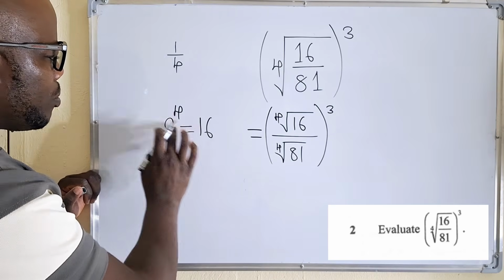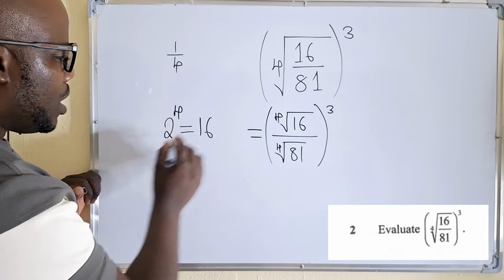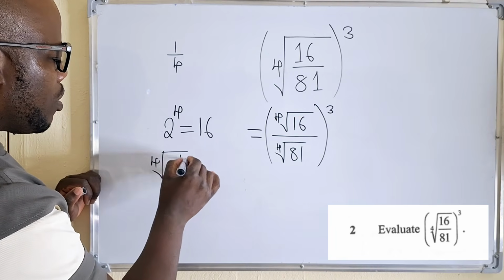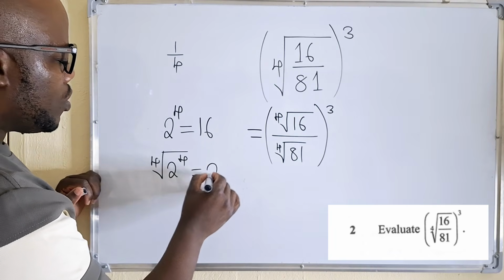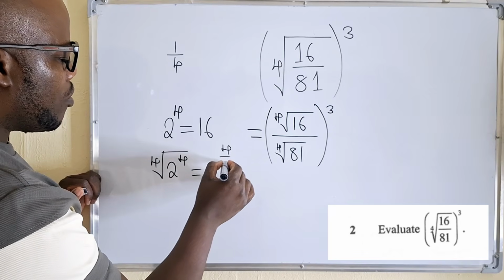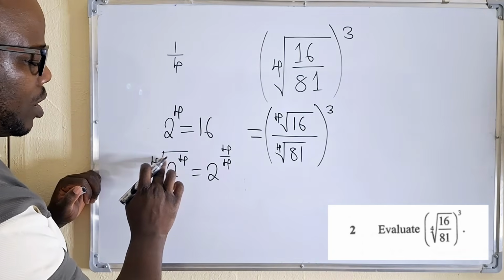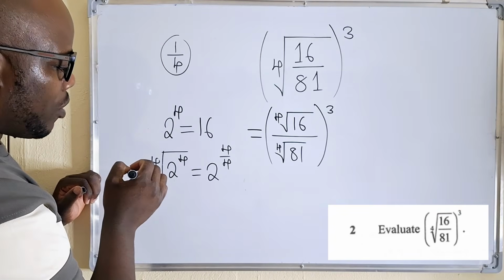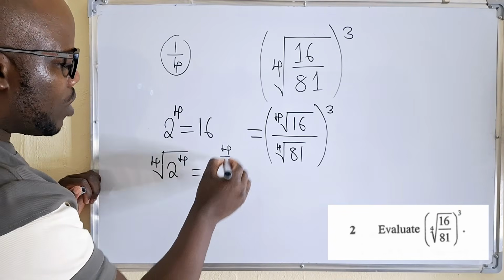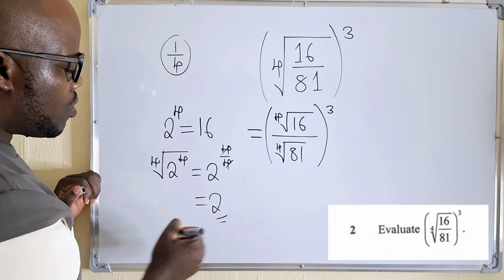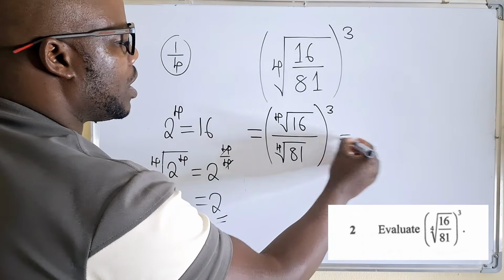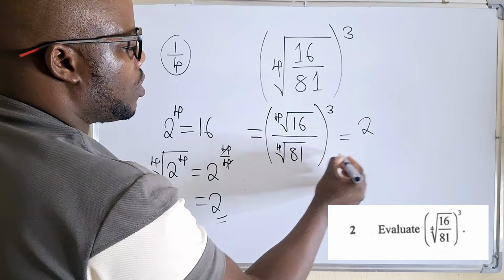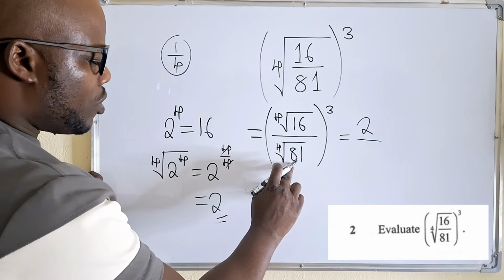So if we were to simplify this, we're going to have the fourth root of 2 power 4, which is equal to 2 power 4 over 4. You see, this fourth root is the same as power 1 over 4. So this will cancel out. We shall remain with a 2. And here, it will just be a 2.